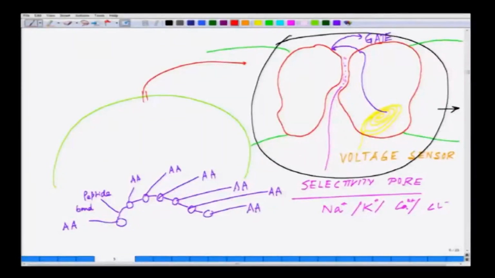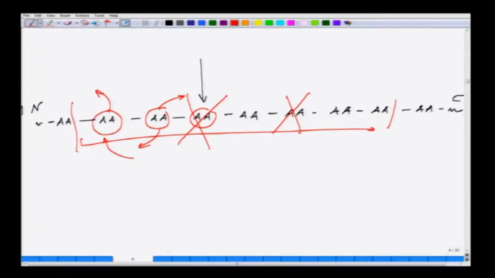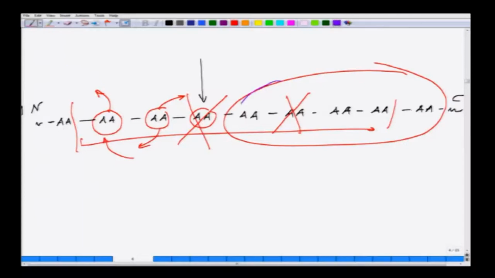So, that way you now have control on this structure. If this is a sequence of amino acids like this, you can ensure that this part is replaced. Let us take a simple example. Say these 4 amino acids are involved in voltage sensing, just for the hypothesis sake.